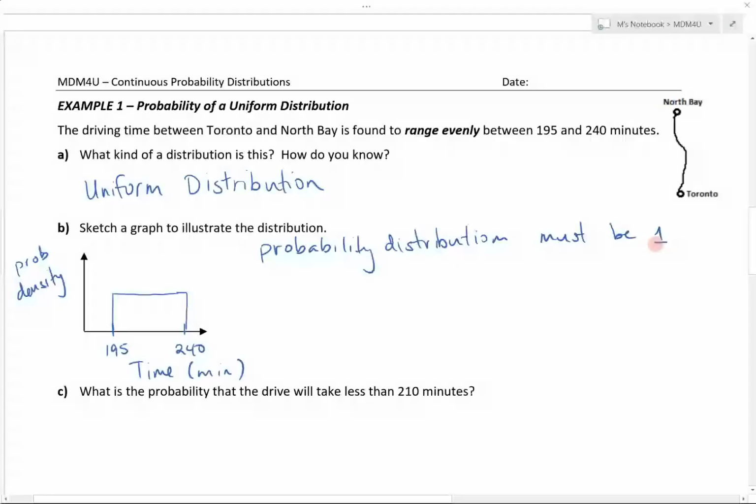It can't be more than 100%. It can't be less. If it's less, then you're missing some ranges in your graph. So if the probability distribution must be 1, then the area under the curve must equal 1.